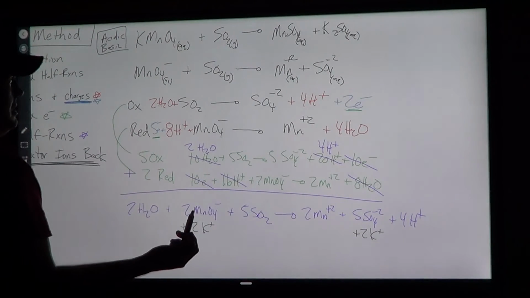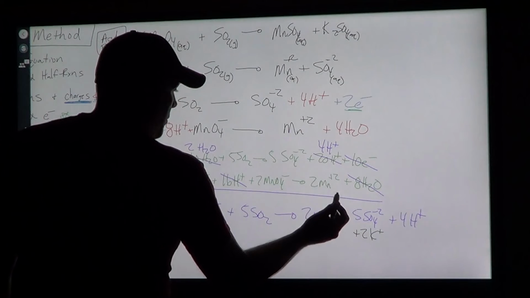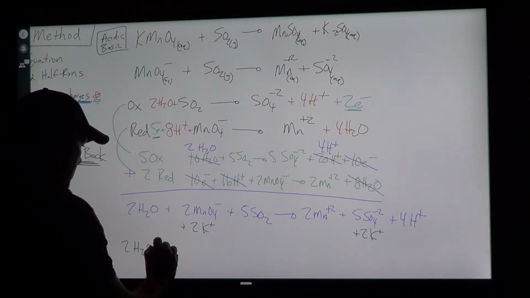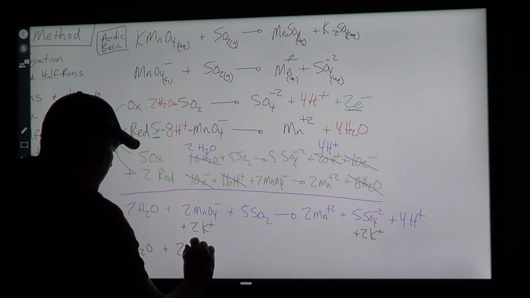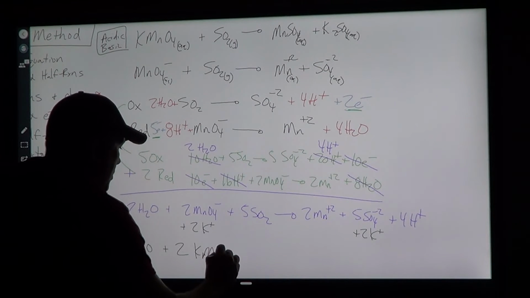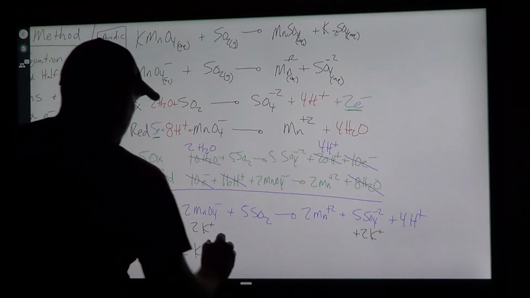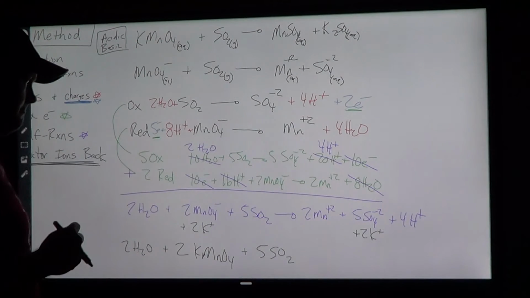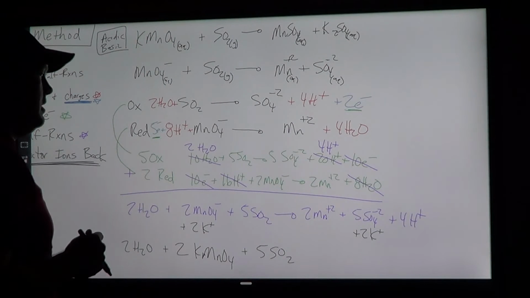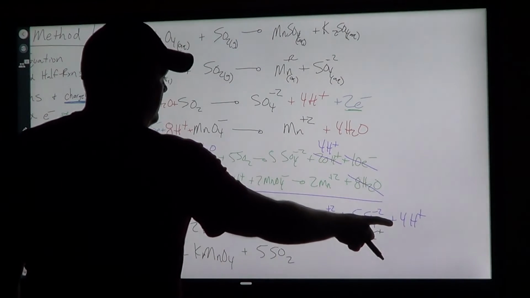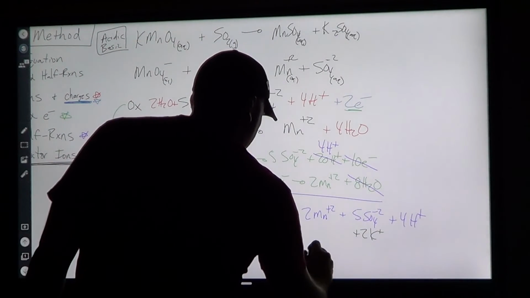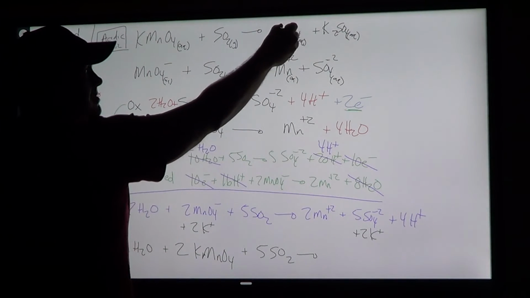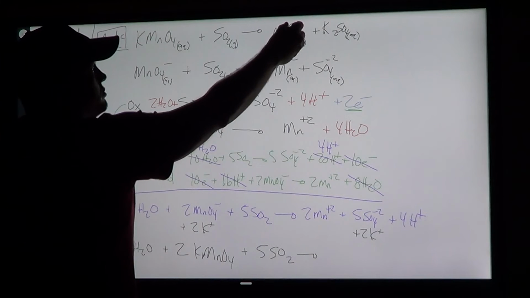The other thing we should notice is that we can now put together 2 waters, 2 KMnO4s, and 5 SO2s. Over on this side, we have 2 Mn2+, but in our original equation, all the Mn's were stuck to sulfates.